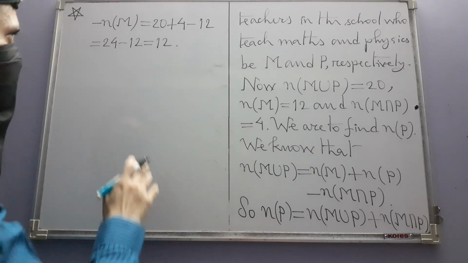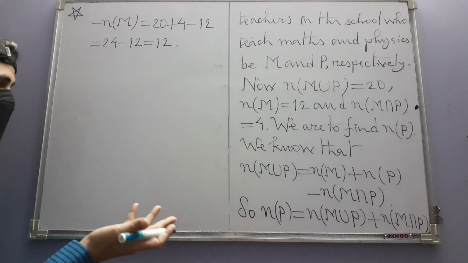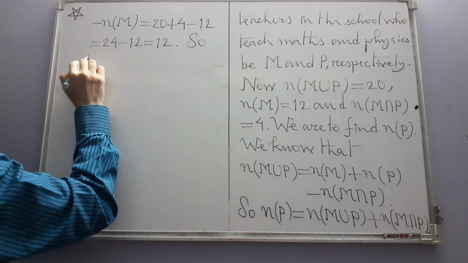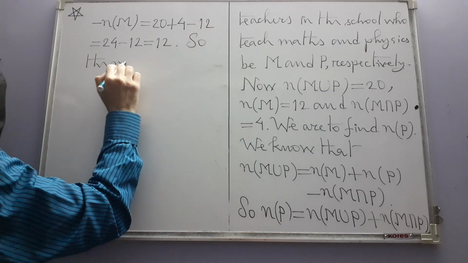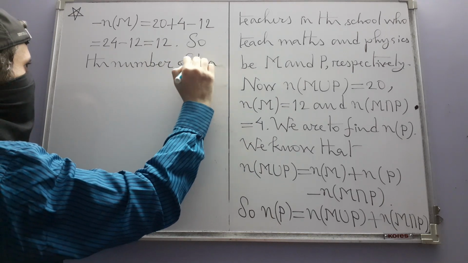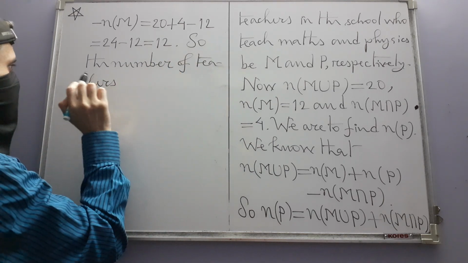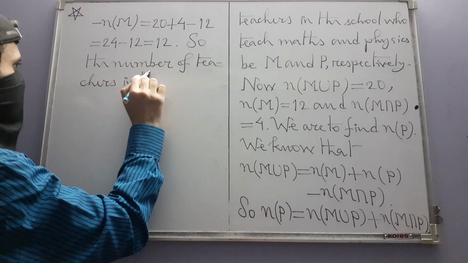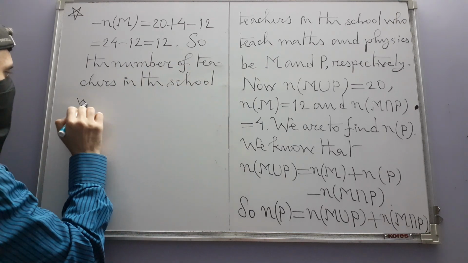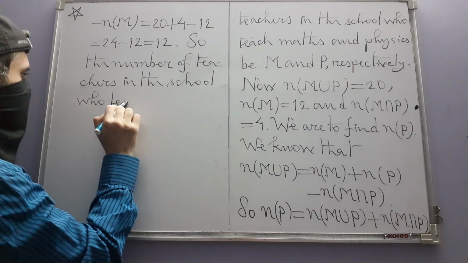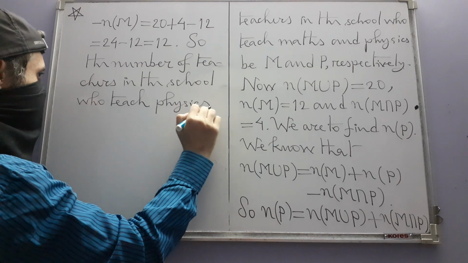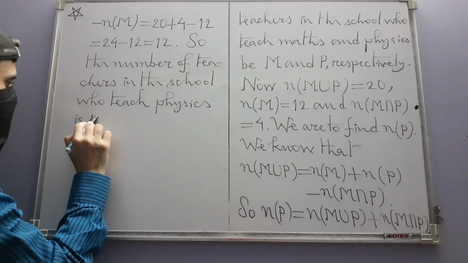And you should in fact write at the end of the solution this in words like this: so the number of teachers in the school who teach physics is 12.